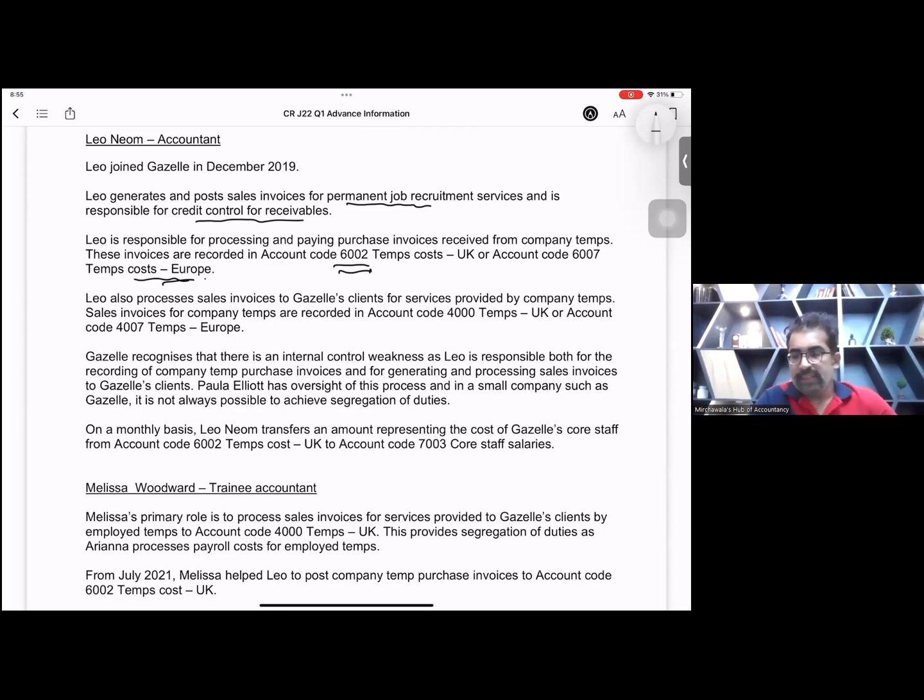Now, when she is responsible for all, there is some sort of segregation of duties issue. Listen to me very carefully. Leo is responsible for these purchase invoices in company temps, because in company temps, from one end we have to book purchases.